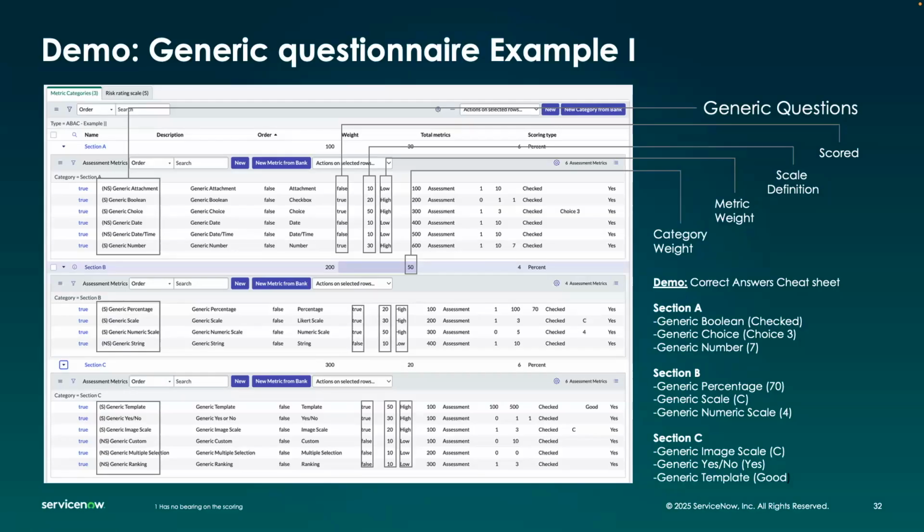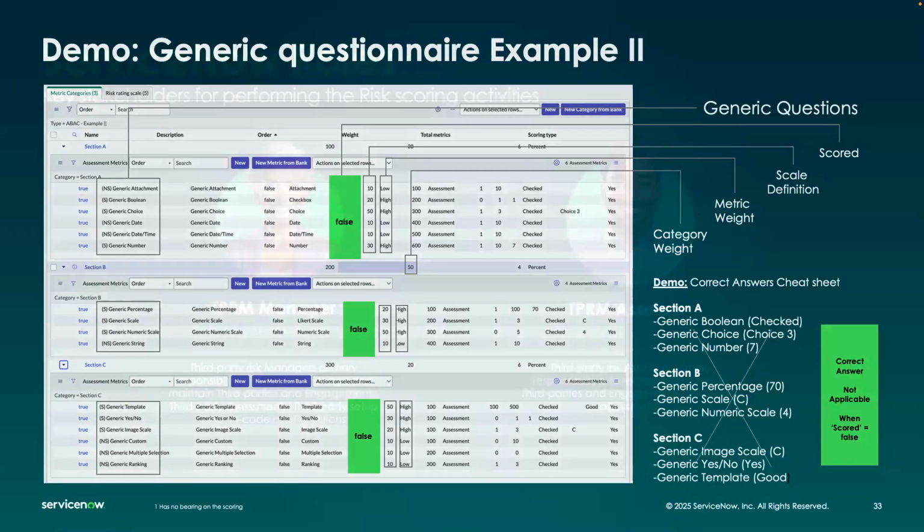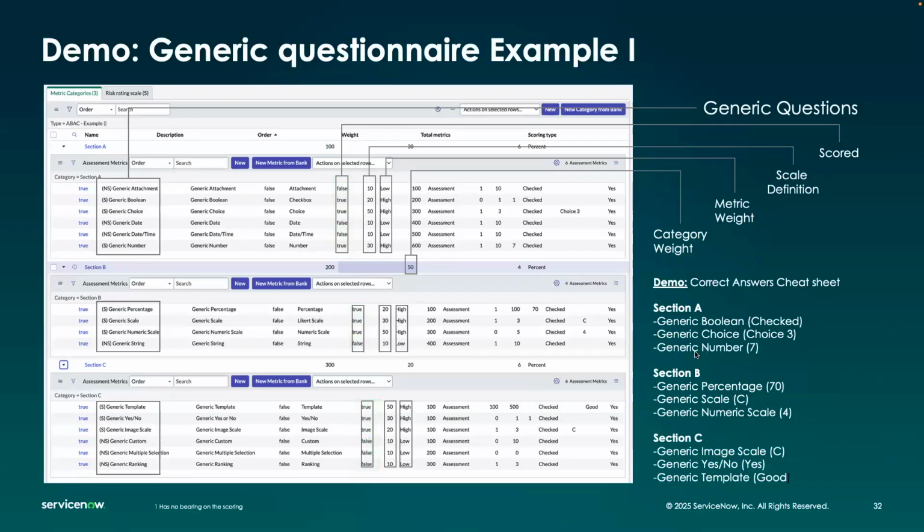Number, which runs from 1 through 10, 7 is correct. Section B, we have percentage. 70% is the correct answer. Then we have scale from A, B, C. C is the correct answer, and so on and so forth. I think you get the point.